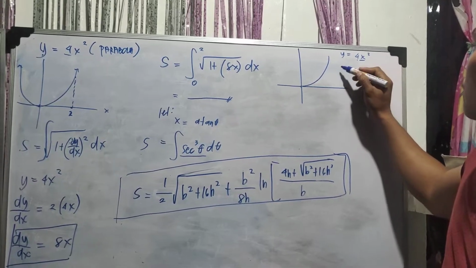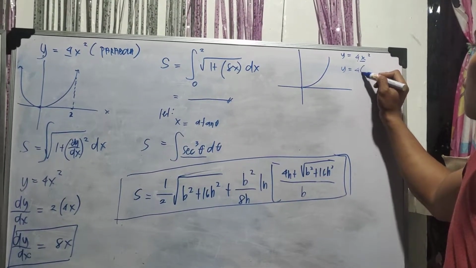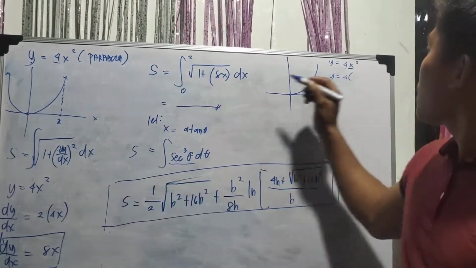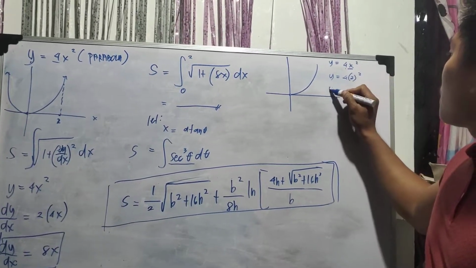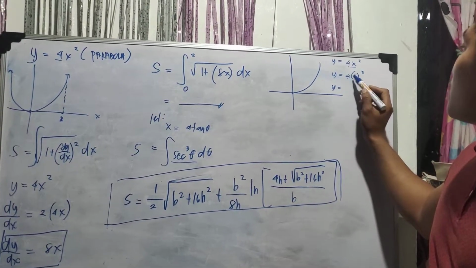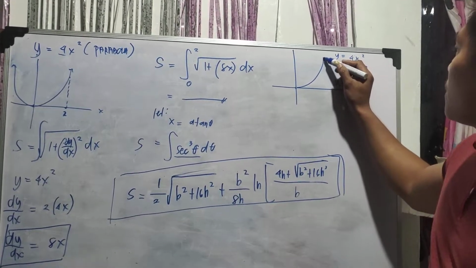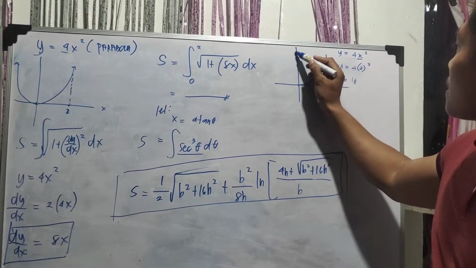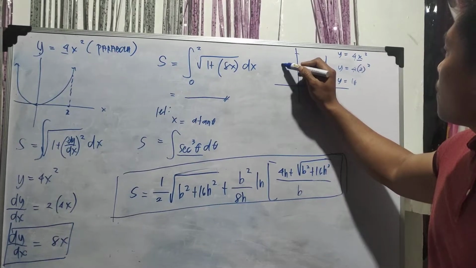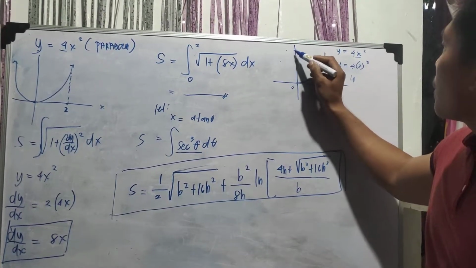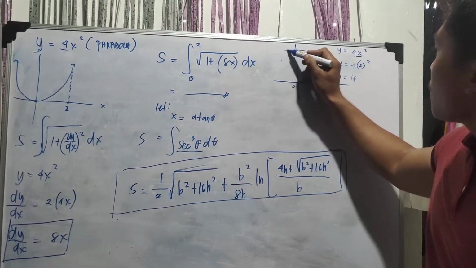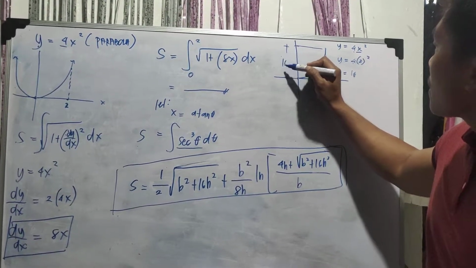At x is equal to 2, of course, y is just 4 times 2 squared. So y is 4 times 4, this is 16. So in short, yung height mo guys is 16. From the x-axis, you have 16 units upward. So, ito yung height mo, 16.